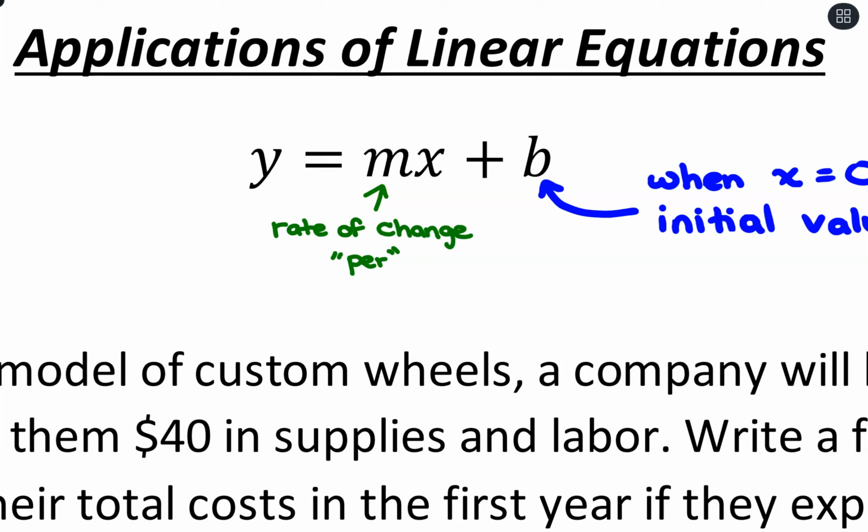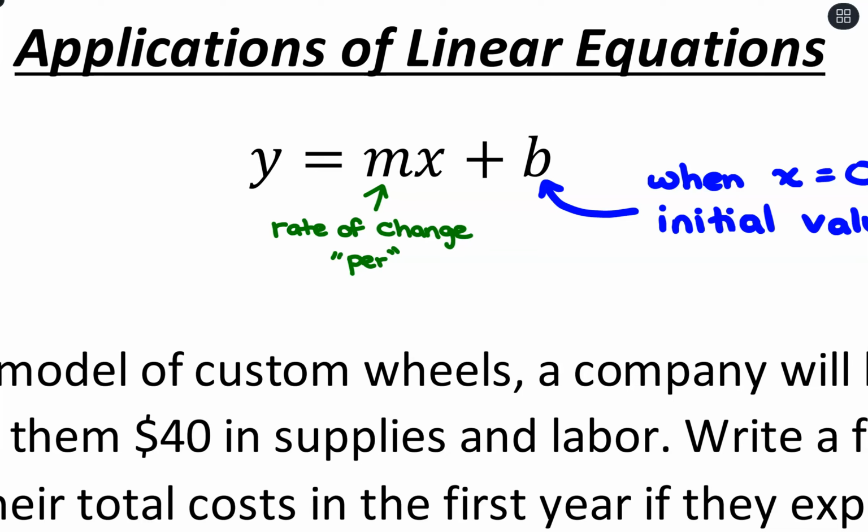What can help is just plugging in values. If we made one wheel, we would have that $30,000 plus $40. If we made two wheels, we would be adding $80 in. 3 wheels, $120. 10 wheels, add on $400. So we have this variable cost part, and then this fixed cost, or this initial cost of $30,000.